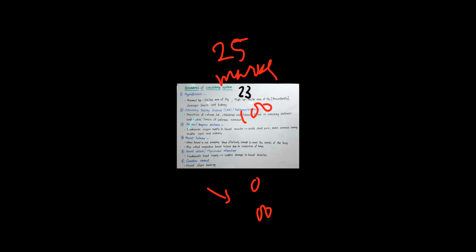Our heart is pumping, let's say 3000 ml blood per minute, and it is 0 ml blood per minute.